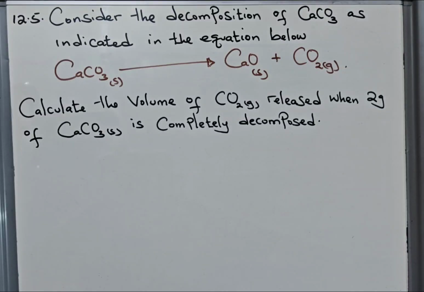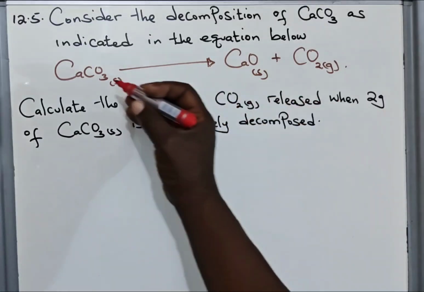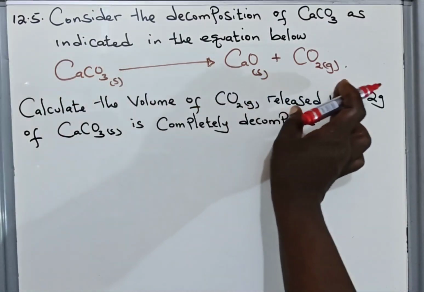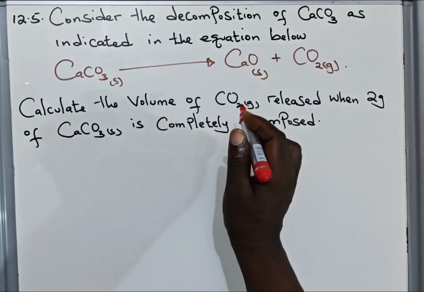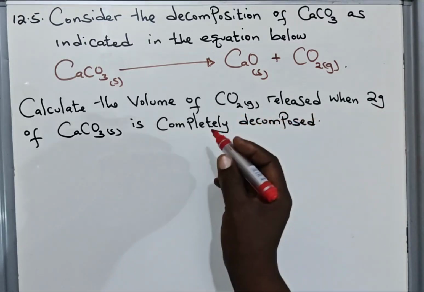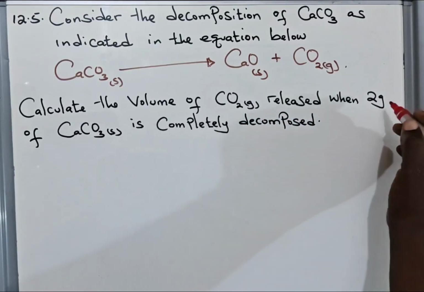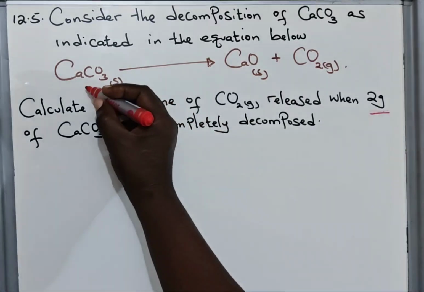The first step is to identify the parts of the equation we are going to make use of. First of all, we are given the mass of calcium carbonate, so we are going to make use of that.